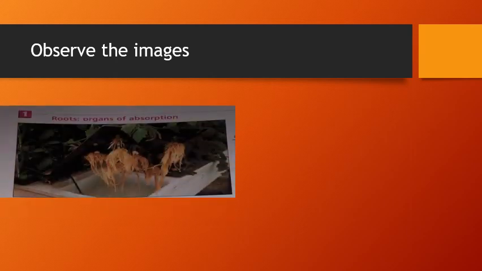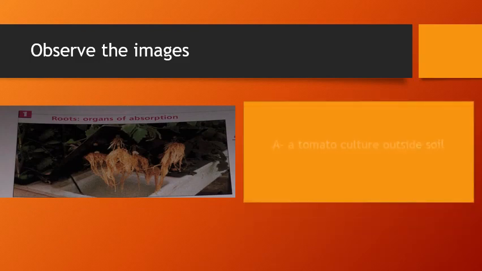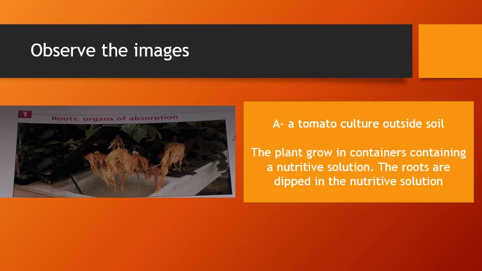Now I want you to observe the images. So this is the first image. In this image, we can see a tomato culture which is outside the soil. You can see that the plant is growing in containers containing nutritive solution and the roots are dipped in the nutritive solution.